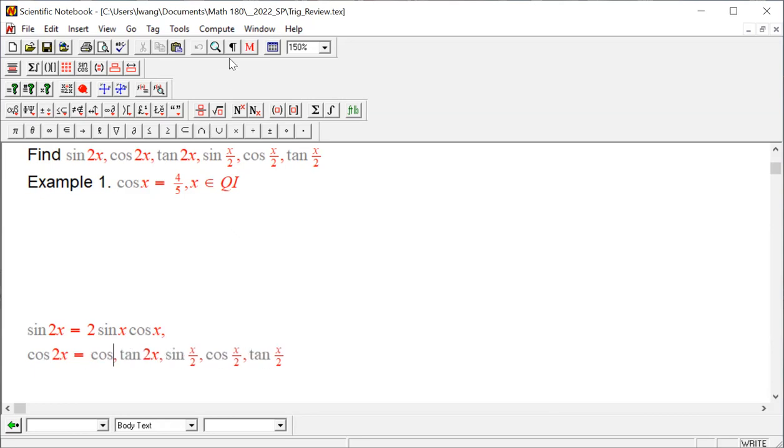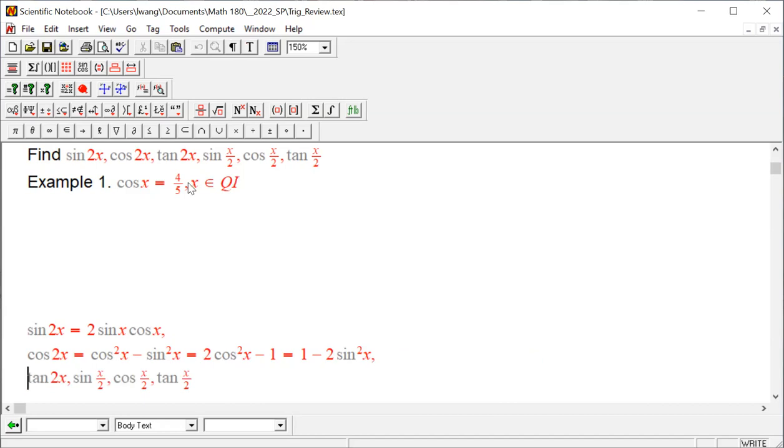One is cosine squared x minus sine squared x. The other is 2 times cosine squared x minus 1. And the third is 1 minus 2 times sine squared of x.